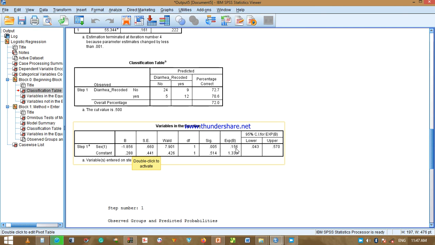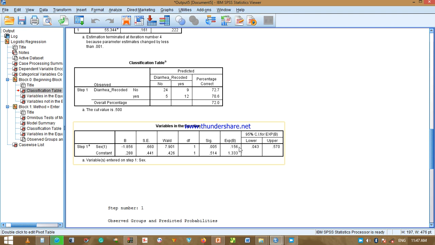So how do we interpret this? It is less than 1. When it is less, it has a protective effect. Therefore, we subtract 0.156 from 1 and find it to be 84.4. We compare males against females. Males are 84.4% less likely to get diarrhea as compared to females.